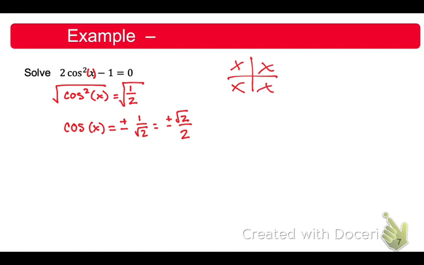So quadrant 1, which is the reference angle, correct? Yes. Quadrant 2 would be negative, quadrant 4 would also be positive, and then quadrant 3 would be negative, correct?